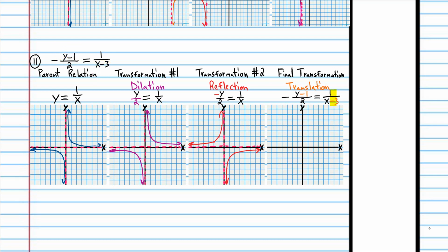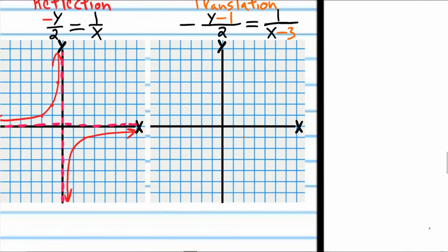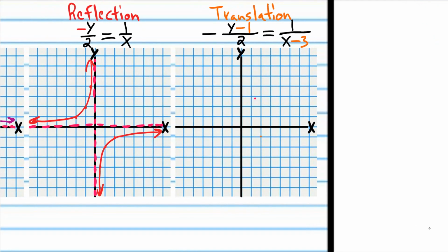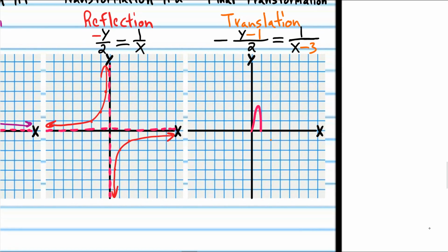And notice that this equation is now the same as this equation here. So what we can do is take this intersection point of the asymptotes and use that as the center of the action, and we're going to move 1, 2, 3 units to the right and 1 unit up.